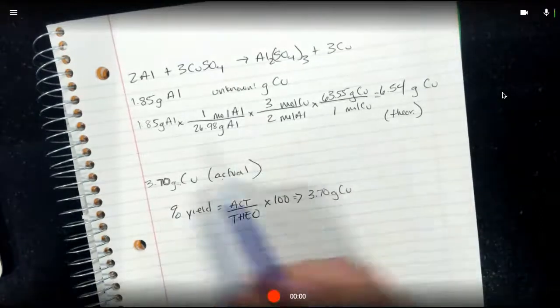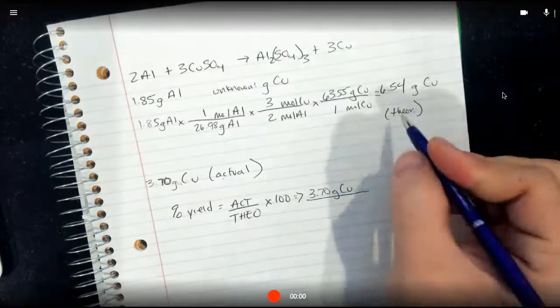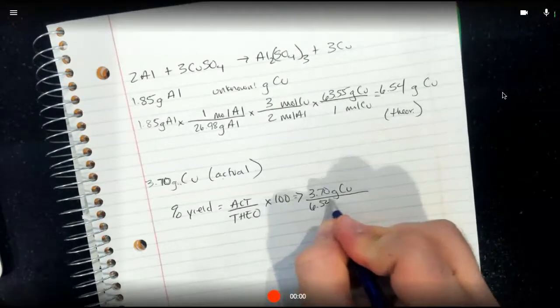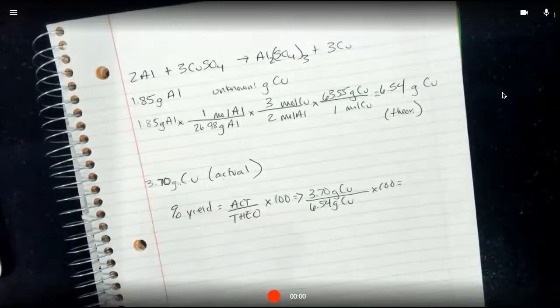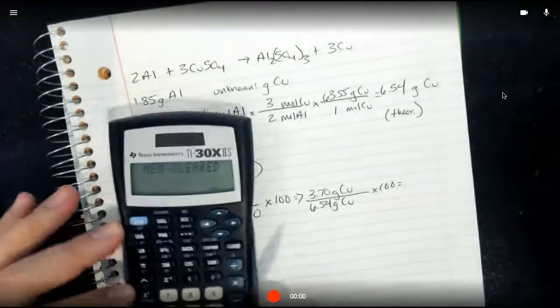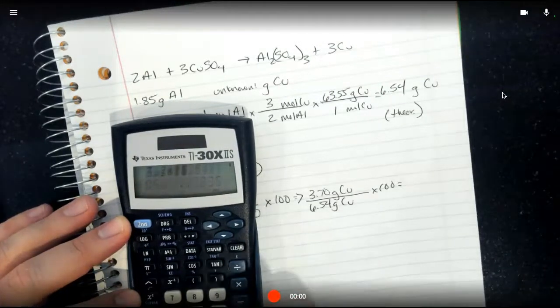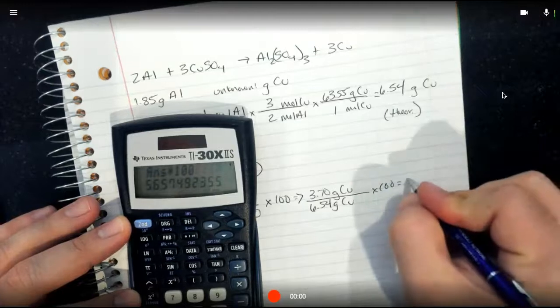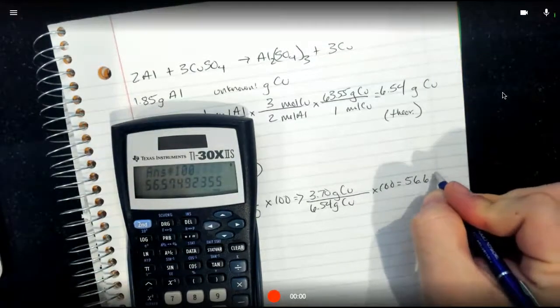Remember, the actual will be given to you in the problem. And then our theoretical is 6.54 grams of copper, times 100. That will give us a percent yield. So 3.70 divided by 6.54 times 100. So we have 56.6%.